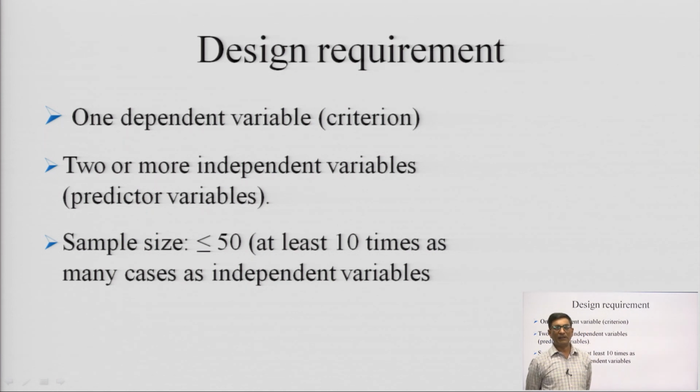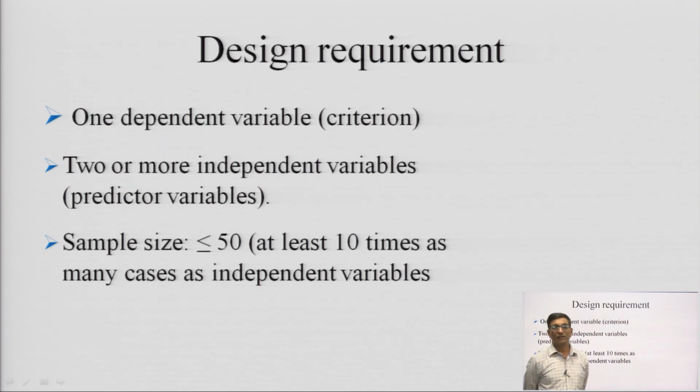For example, if we have 3 independent variables, such as age, weight, gender, and we want to predict the height of that person, we should have 10 into 3, that is 30.